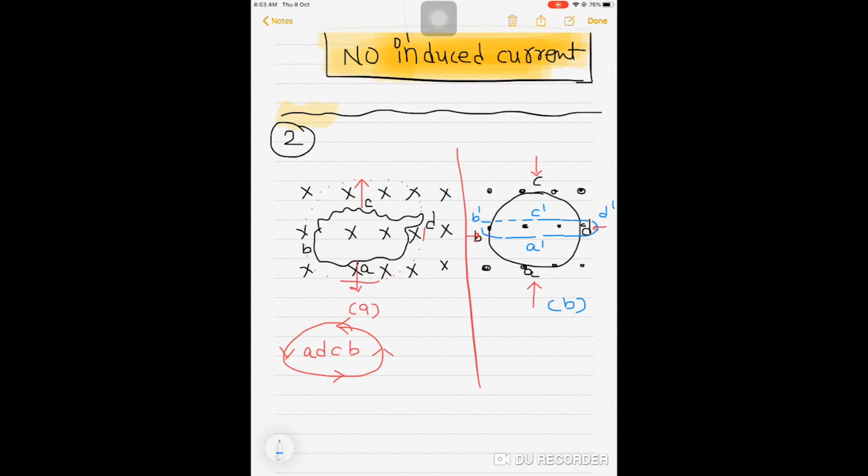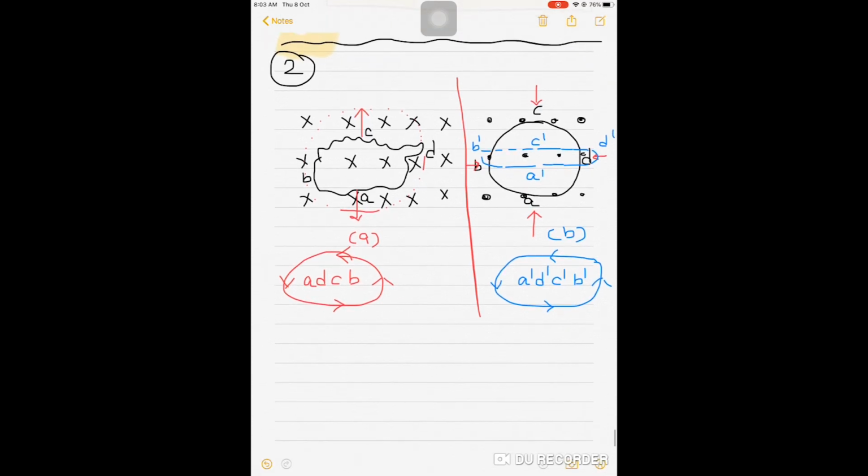For this, the induced current should flow in the anti-clockwise direction, that is A dash, D dash, C dash, B dash. So here also it is A dash, D dash, C dash, B dash, a new arrangement of the wire. This would be the direction of the induced current or EMF that we will observe.